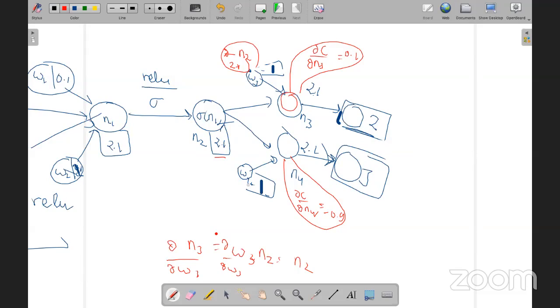Okay, and what about this thing? Again, the output of this neuron is w4 times 2.1, right? So this derivative will also be 2.1.